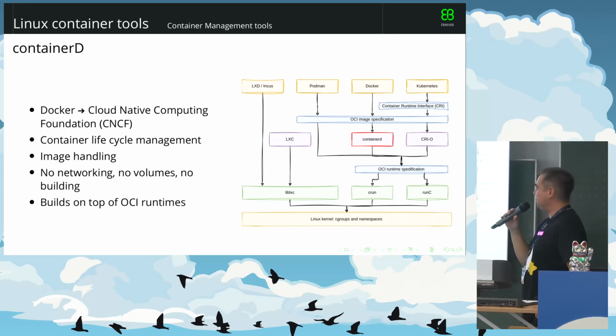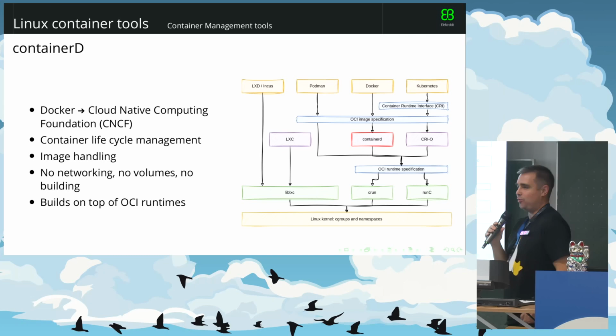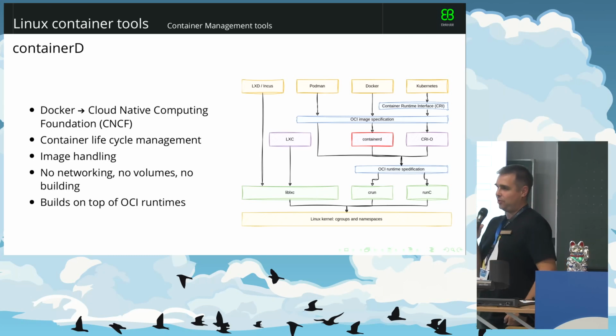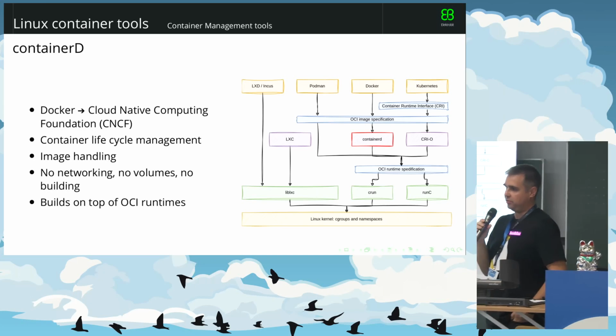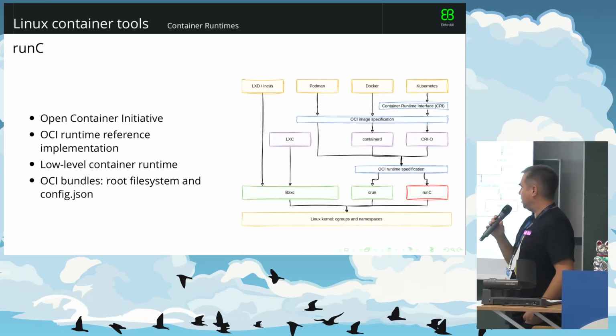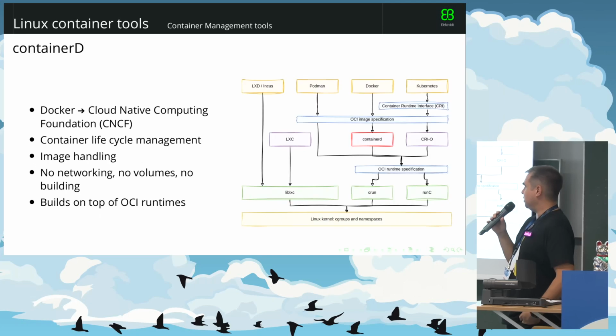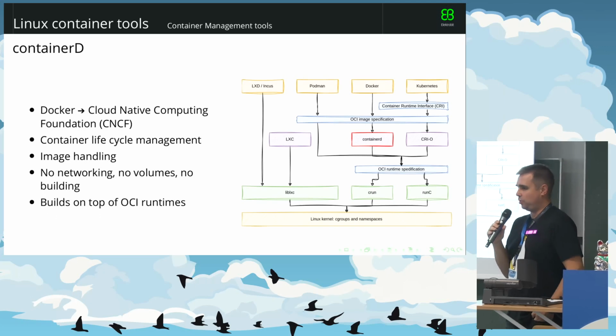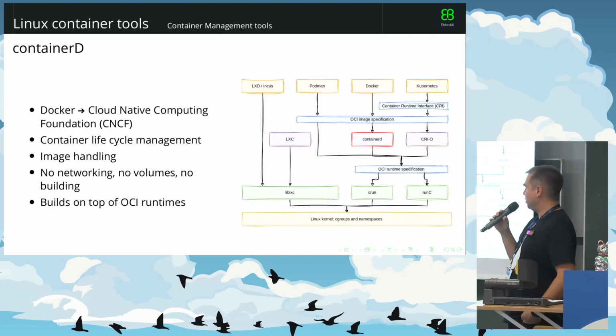Okay, containerd is basically the core of Docker. Docker changed their legal terms in recent years, and there were also heavy discussions with the community, and many people were not too happy that Docker became more restrictive.